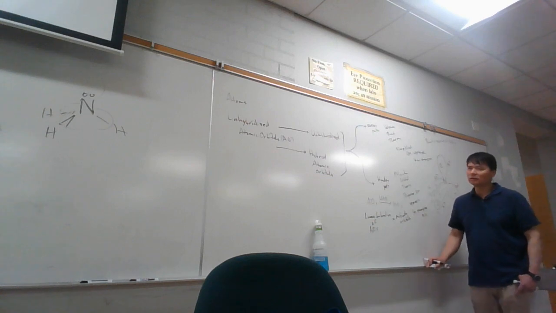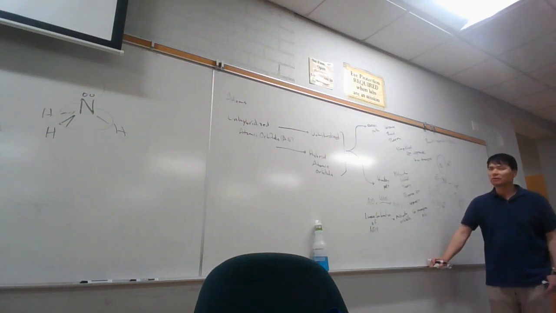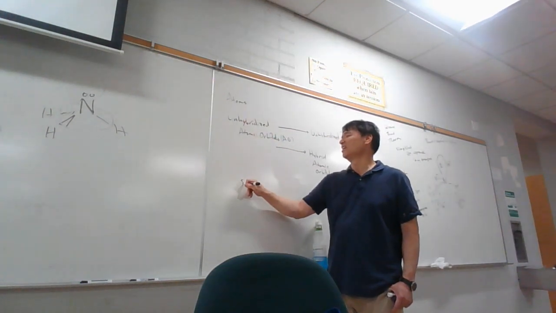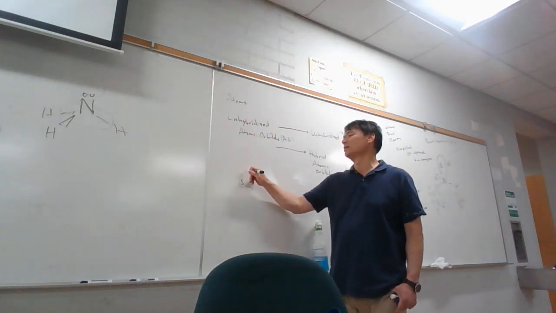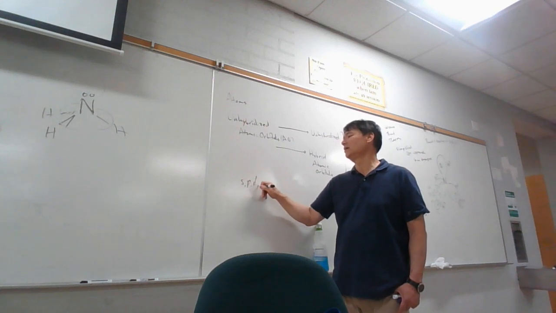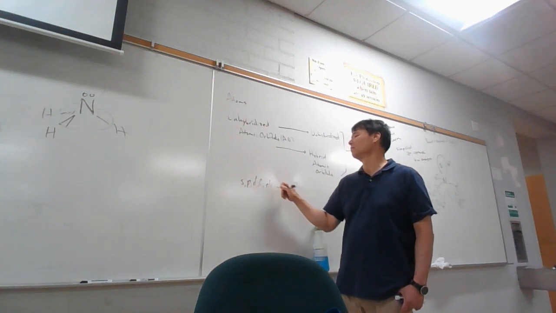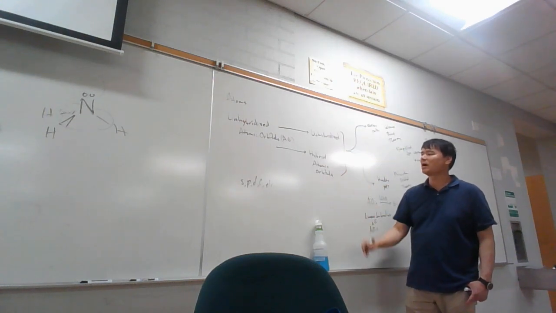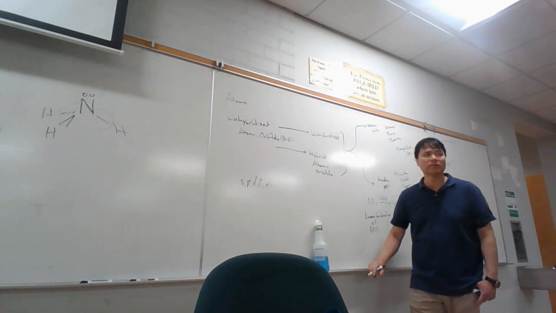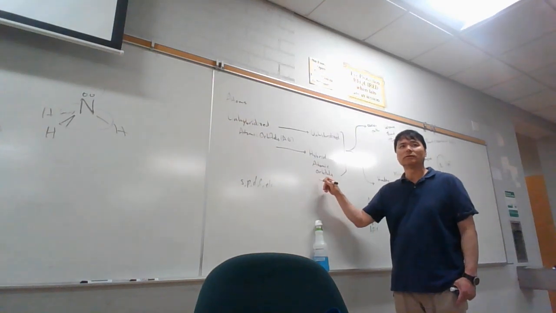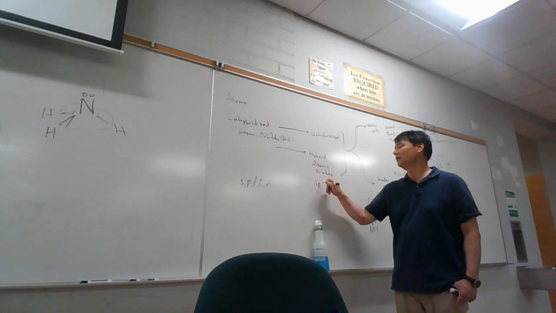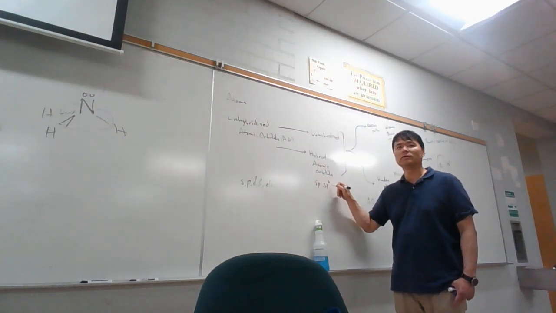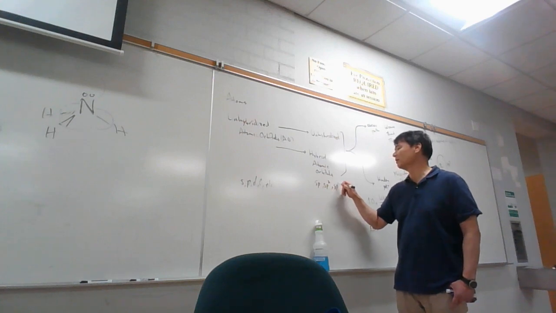Molecular orbitals are an entirely new set of orbitals. So far, what have we learned? The unhybridized atomic orbitals would be the s, the p, the d, the f, etc. And so we have the unhybridized orbitals. Then we came up with these hybrid atomic orbitals. What are the hybrid atomic orbitals that you know? The sp, the sp2, and the sp3.